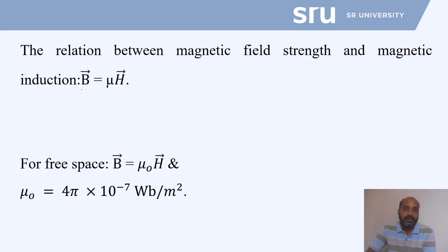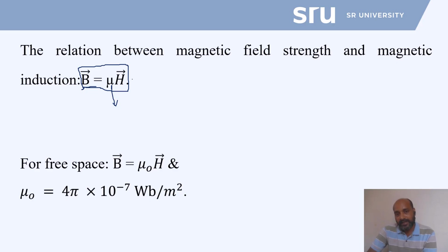Now there is one more relation between magnetic flux density B and magnetic field intensity H. Generally this relation is B is equal to mu H, where mu is the permeability of the medium.